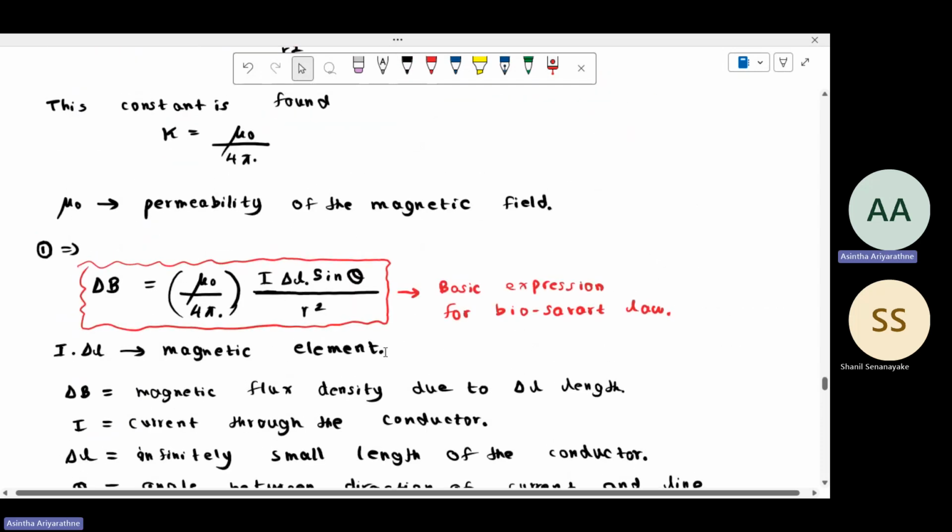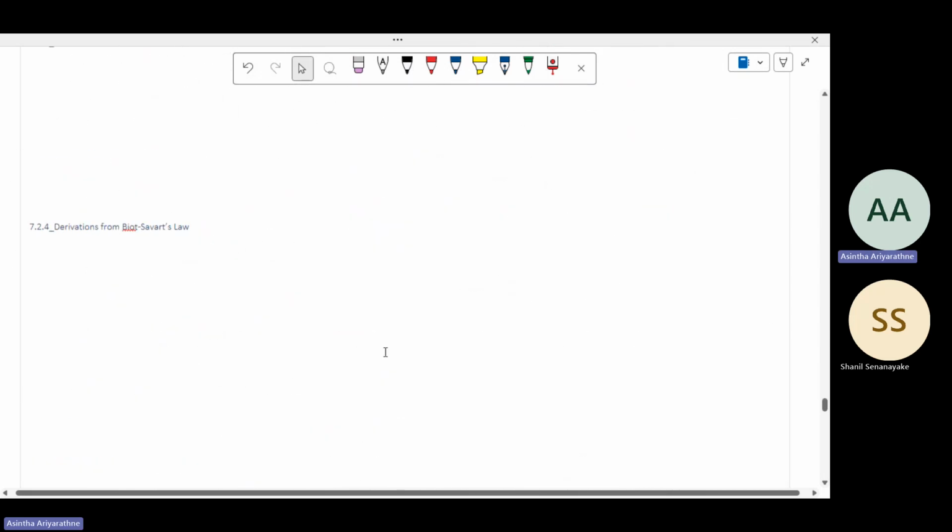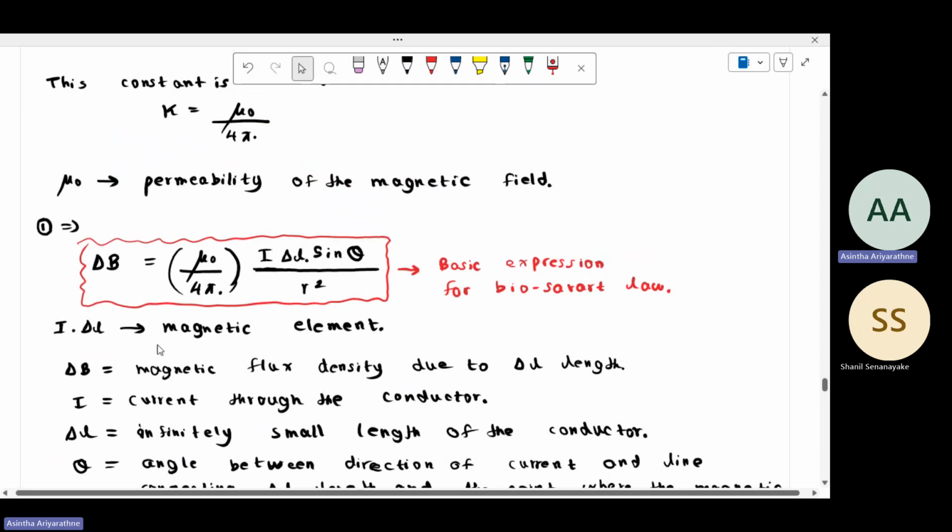So this is the basic expression for the Biot-Savart law, and we'll see how to apply it to find the magnetic flux around a straight wire, a coil, a circular shaped current carrying conductor and likewise.